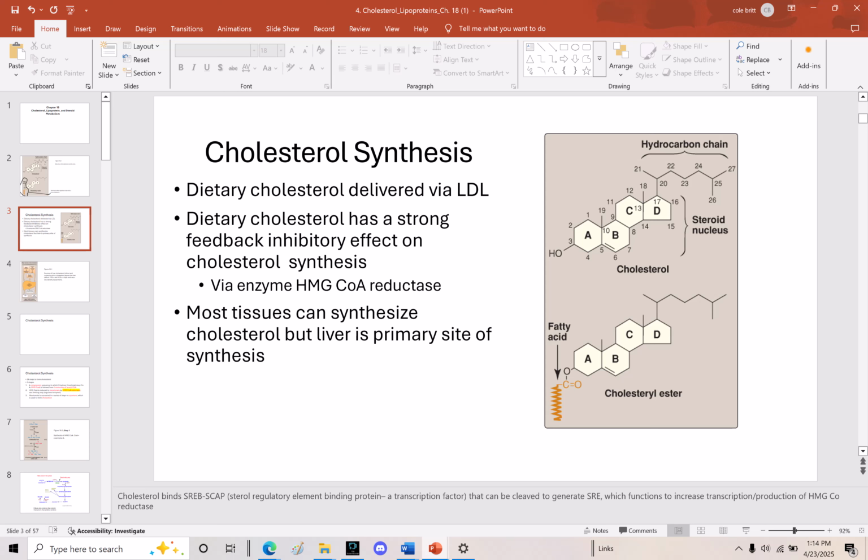This enzyme, HMG-CoA reductase, is the most important enzyme when it comes to cholesterol synthesis. So I'll show you that when we get to the synthesis slide. And most tissues can make cholesterol because they have all the enzymes to make it, but really it's the liver primarily that's going to be making the cholesterol and shipping it out and delivering it to your tissues.